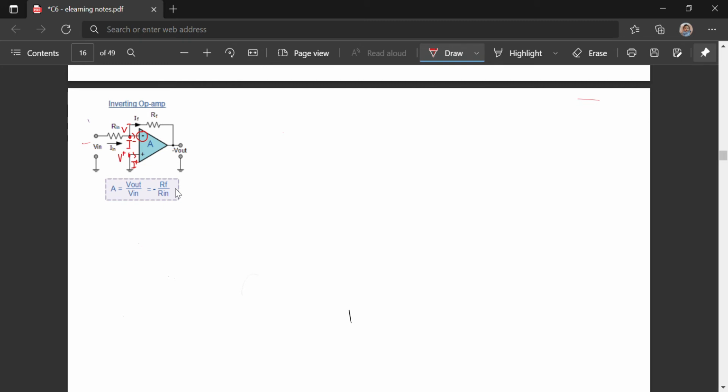So for our case, we want to do a general purpose operational amplifier. Therefore, we can take the ideal case for the op-amp, which is I minus equals 0, I plus equals 0, V minus equals V plus. Okay, this is listed in the earlier slide. So how to find the gain?